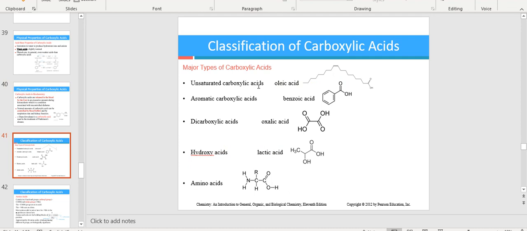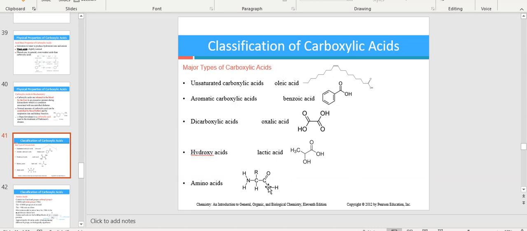What do we got here? Major types of carboxylic acids. These ones are interesting. Oleic acid. Look at all that. Just long chains with a carboxylic acid at the end. You've seen this, benzoic acid. I like this one, a dicarboxylic acid, oxalic acid. Where have you seen that one before? Lactic acid from the milk, and we call this a hydroxy acid because you have a carboxylic acid group and an alcohol group within there.